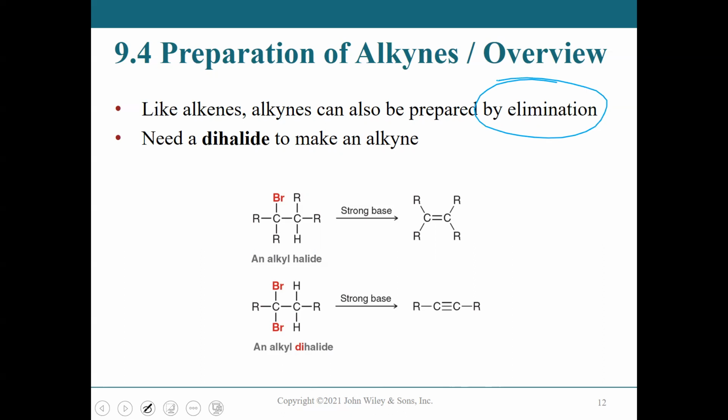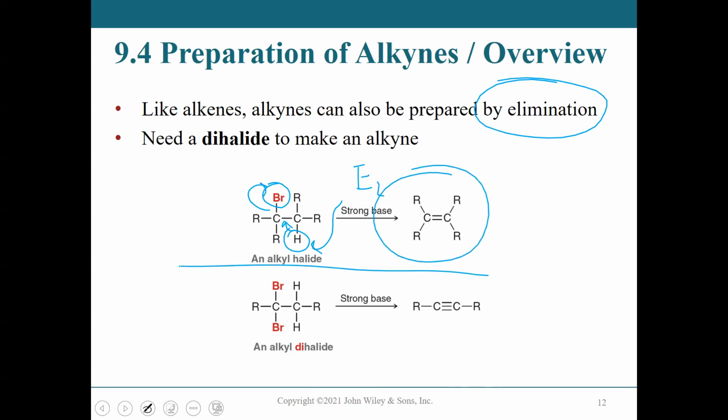For example, in the first reaction, you can see an alkyl halide, which is a substrate, and you do an elimination reaction. That's an E2 reaction. The strong base will take the hydrogen, this one comes as a double bond, and the bromine leaves, giving you the alkene. But if you have a dihalide, you will have two bromines, and of course, you need two adjacent hydrogens.